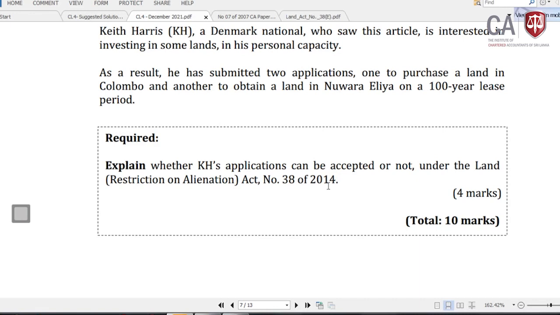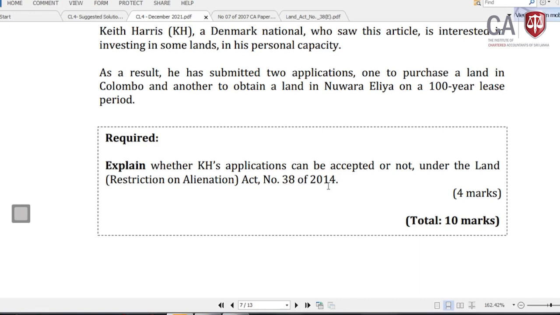So you can pause the video before listening to my explanation and see whether you can find the answer, and then listen to my explanation. That will be more productive. I have already given the answer. I told you foreigners, foreign nationals are not permitted to purchase properties in Sri Lanka. They can't purchase properties in Sri Lanka.